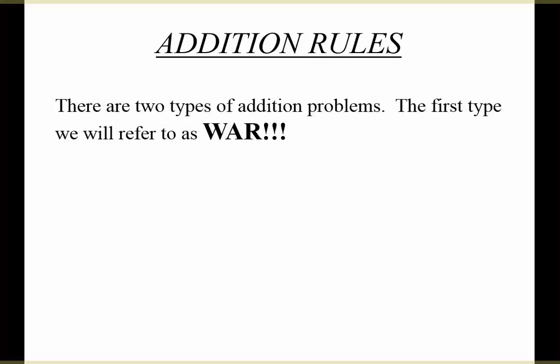Okay, so I want you to imagine that there is an army. Maybe on one side we have the positive army, and on the other side we have the negative army. And we're going to imagine some soldiers meeting on the battlefield.